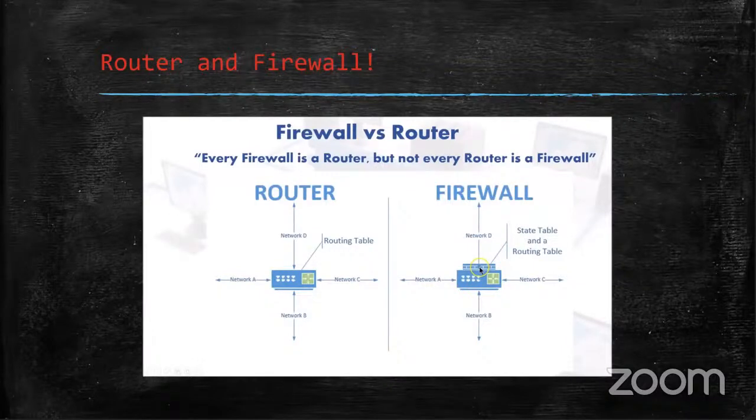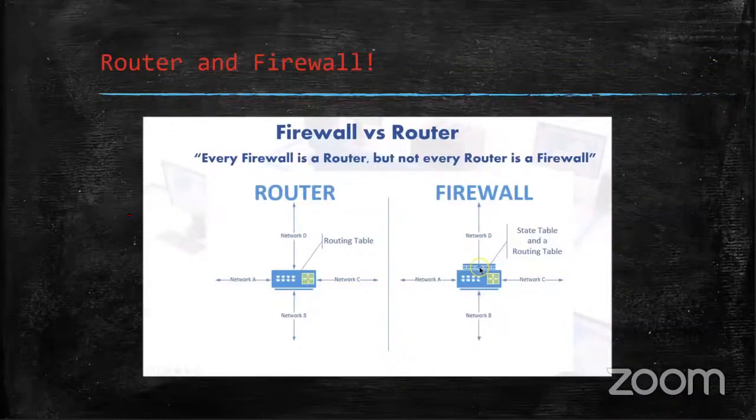Now, see what happens when we are talking about a router and when we are talking about a firewall. When it comes to a router, the main job is to ensure that you are able to route the traffic. Let's do this.